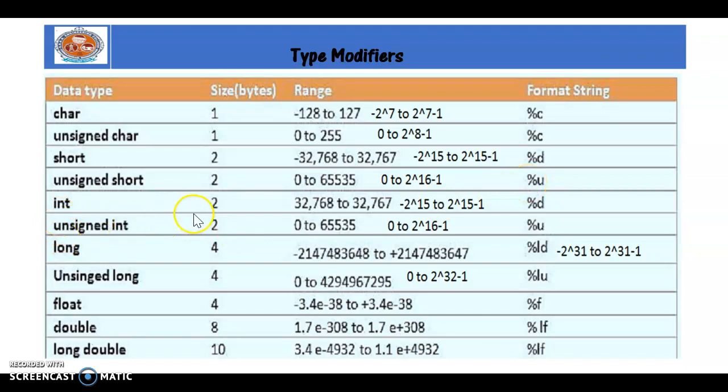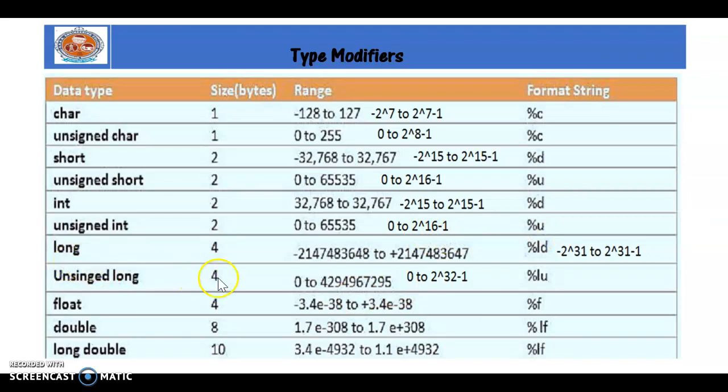Coming to int, it will occupy 2 bytes of memory. It ranges from -2^15 to 2^15 - 1, and the format specifier is %d. Then unsigned int will occupy 2 bytes of memory, but it will take only positive values, right? So 0 to 2^16 - 1, and the format specifier is %u.